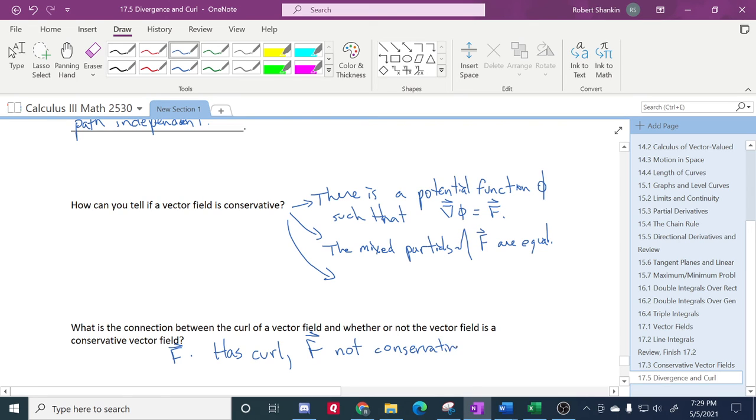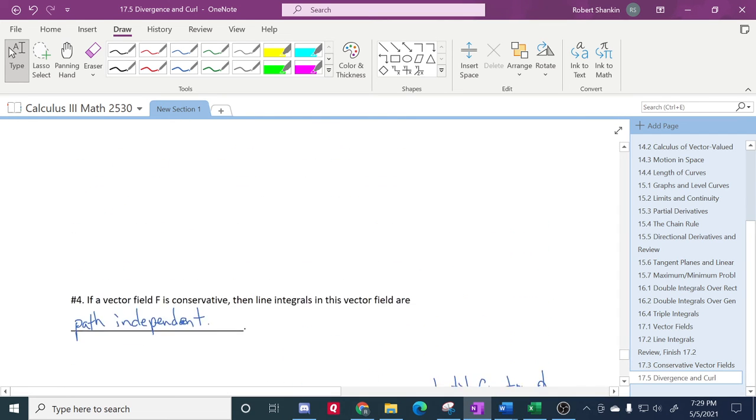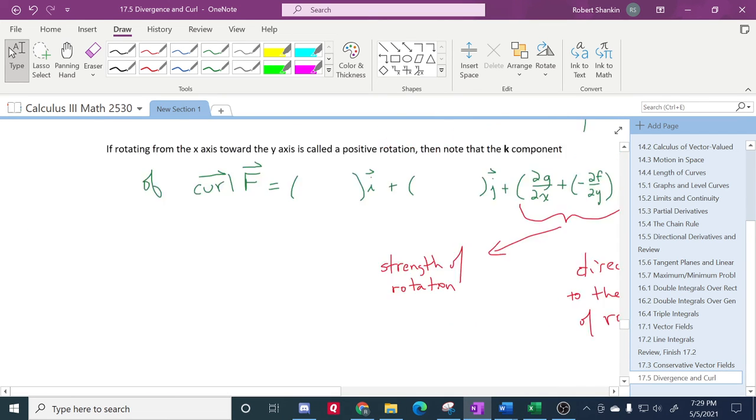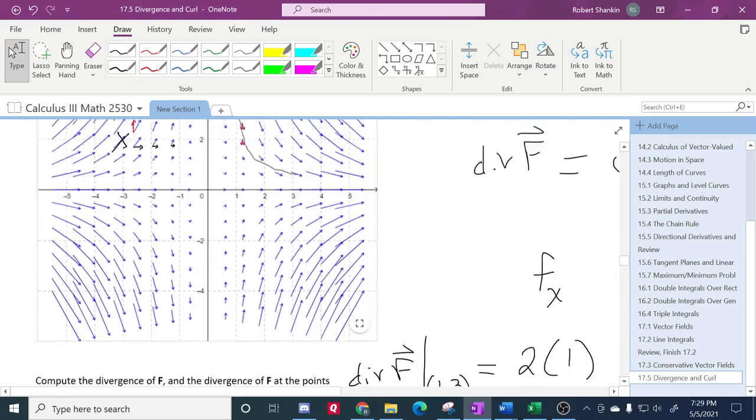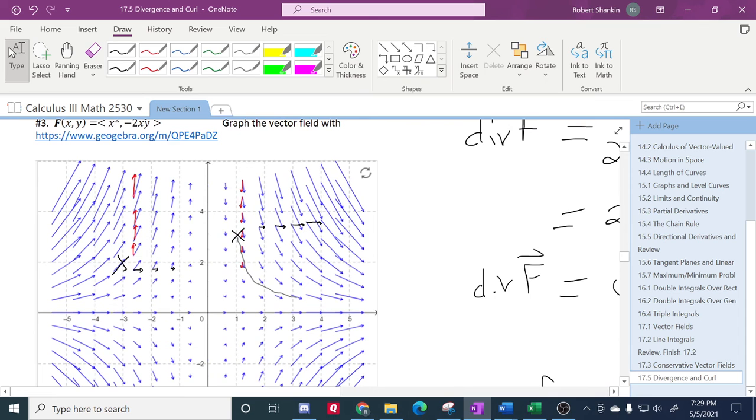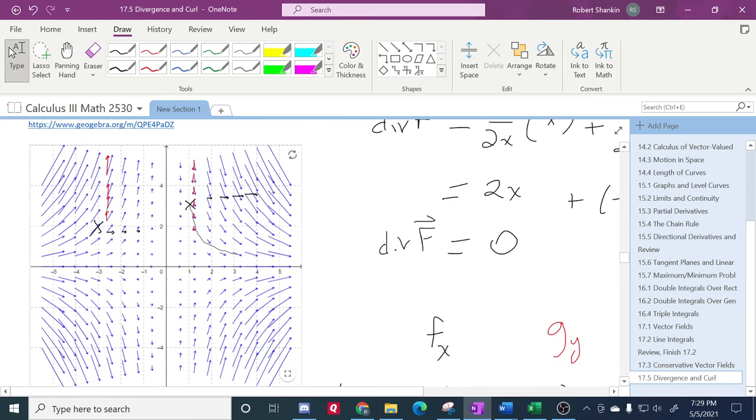I came up with a different answer. Okay, what did you come up with? To help showcase my answer, can I ask you to scroll up to a prior vector field that we looked at? Up, up. Close that one. That one, yeah. I think that this vector field has curl, but this vector field is conservative.